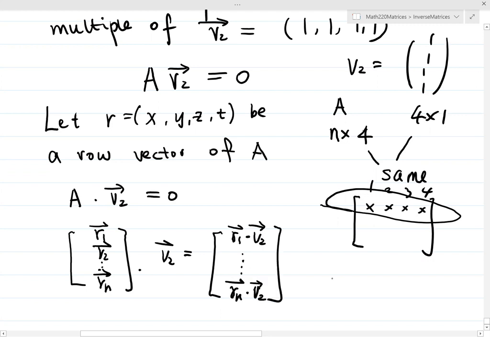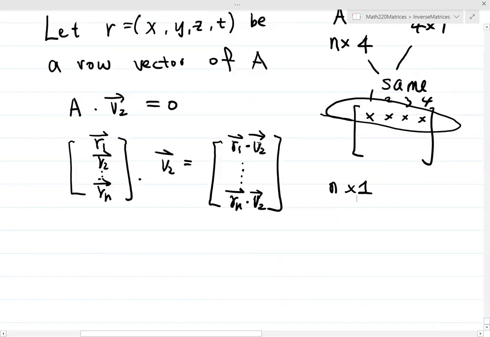So this will be n rows and 1 column. To make sure that V2 lies in the null space, we need the row vectors R1, R2, through Rn to be orthogonal to V2. So any row vector dot product with V2 should be 0.